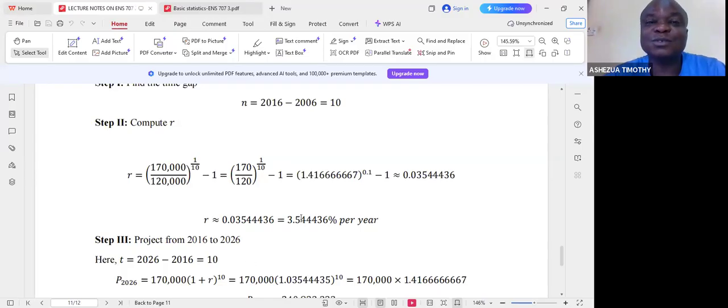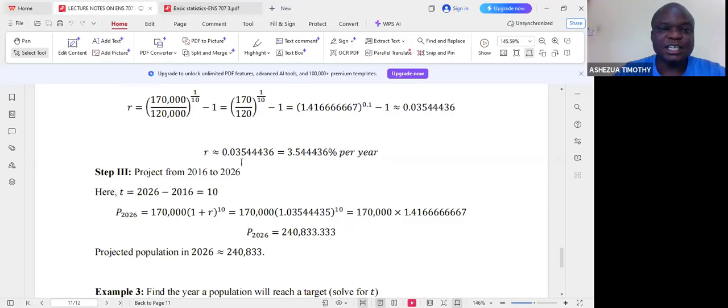But in the question, I'm going to guide you: if all your computation is to 2 dp, I will tell you. If it is to 4 dp, I will tell you, so that we'll have the same result. I will not just leave it open-ended. Some persons will be working with 6 decimal places, some with 4, some with 2, some will just round everything up. No. I will ensure that we work with the same decimal places so that we arrive at the same results.